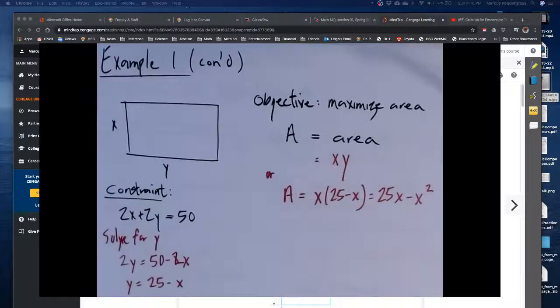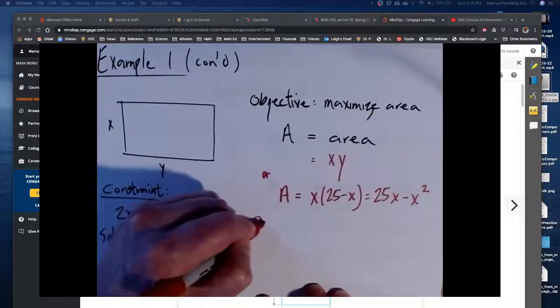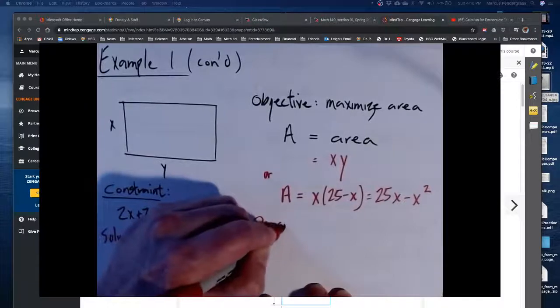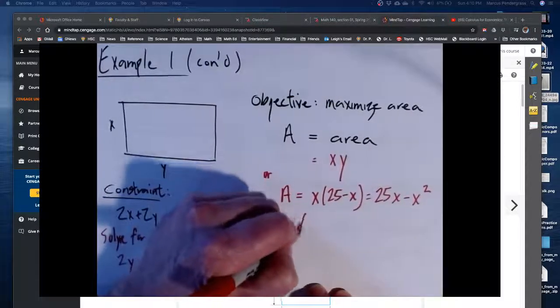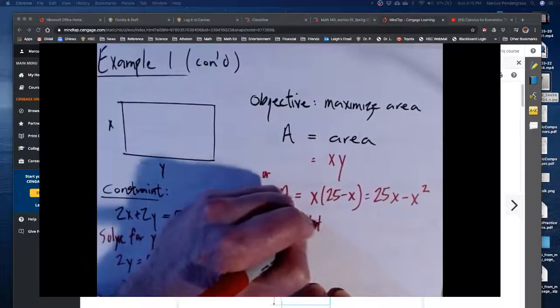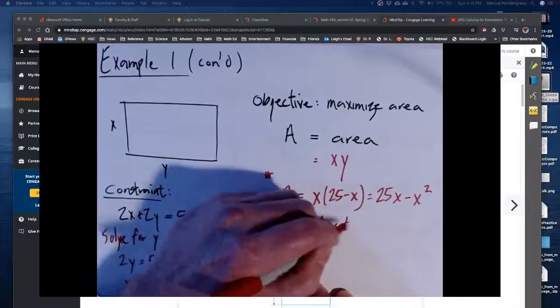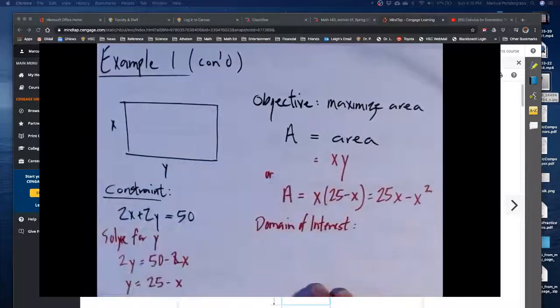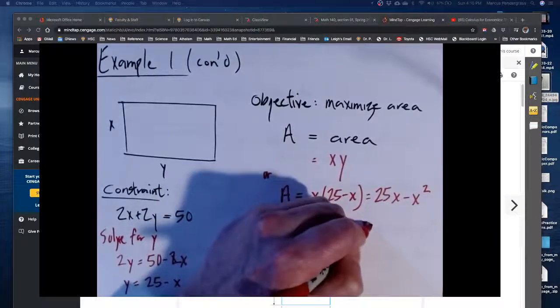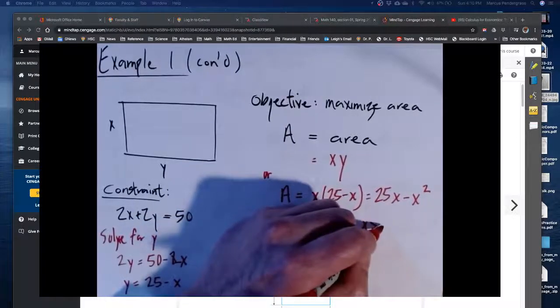But in the context of the applied problem, that doesn't make sense, right? Because x is a length. It's the length of this side of the rectangle here. So negative values of x don't matter for us. In other words, there's a domain of interest here in the applied setting that we need to be aware of. And that would be that, first of all, x actually has to be bigger than 0, right?